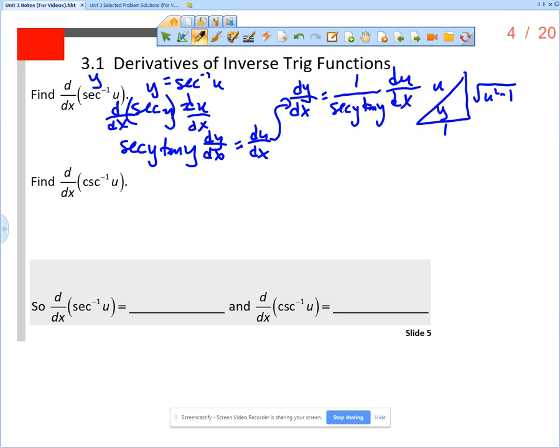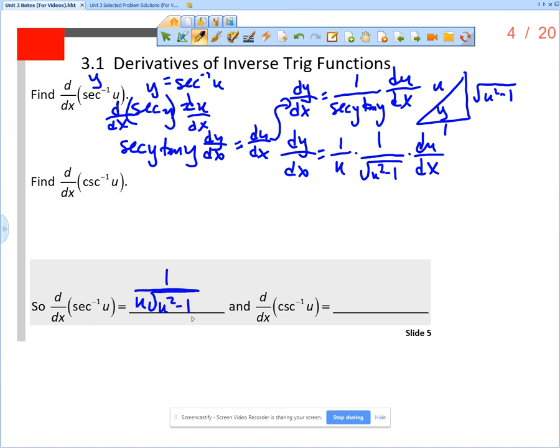Now 1 over secant would be cosine. What is cosine? That's 1 over u, times 1 over tangent, the reciprocal of tangent, which would be 1 over the square root of u squared minus 1, and then times du dx. And so I get 1 over u times the square root of u squared minus 1, times du dx.